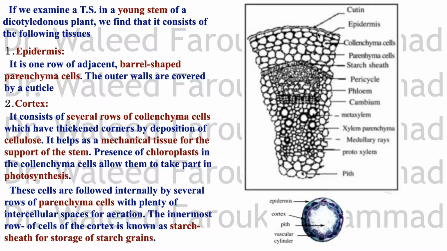See? So you have the epidermis, then the cortex with collenchymal cells and parenchymal cells for the support of the plant, and the starch sheath, which is for storage of starch, the product of photosynthesis.